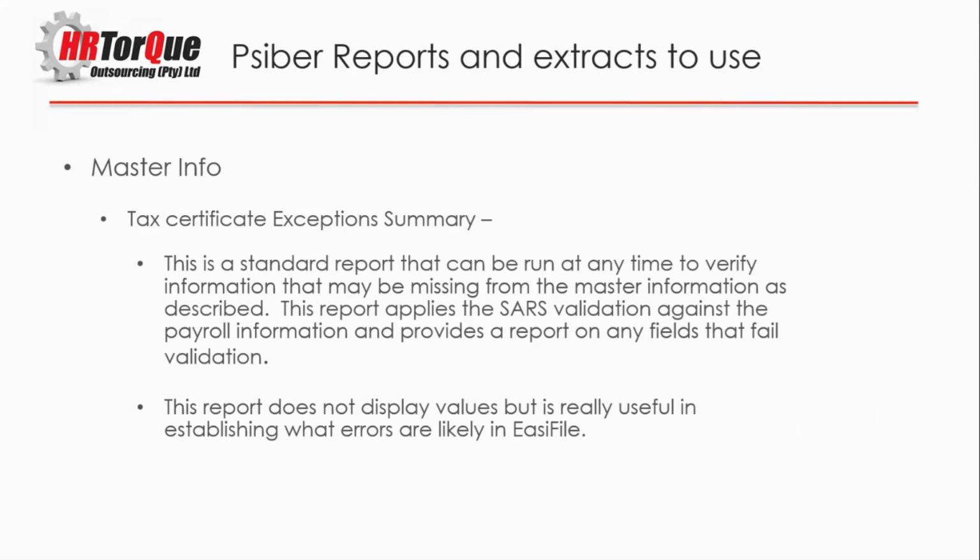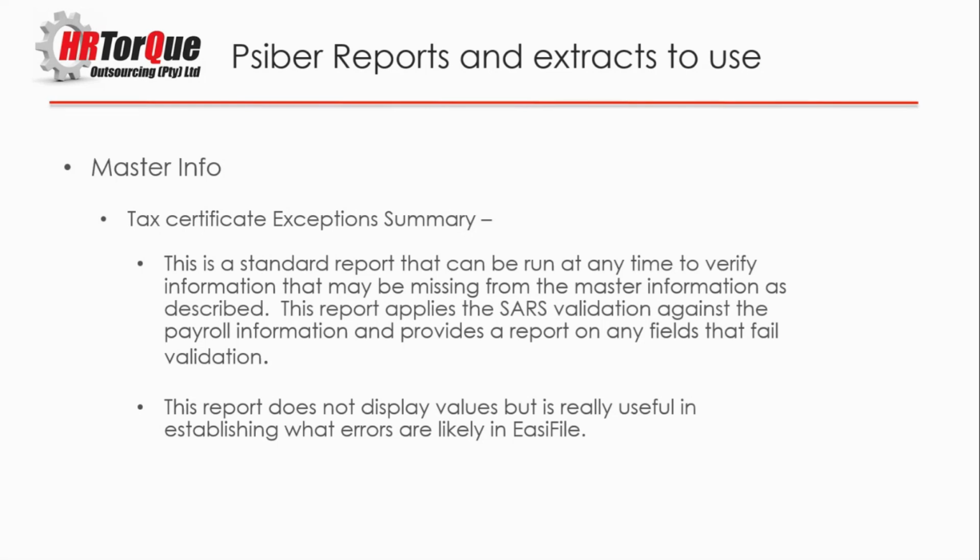So as we said, to checking master information, what can we use? We can use our tax certificate exception summary. We can run this at any time. So you can run it at any point during the year. And it's quite useful then to be able to find out if you have any SARS validation errors. Okay, obviously this is a piece of software that's doing this. It's not going to be exact to what SARS has.